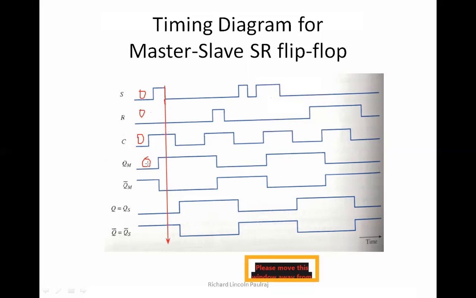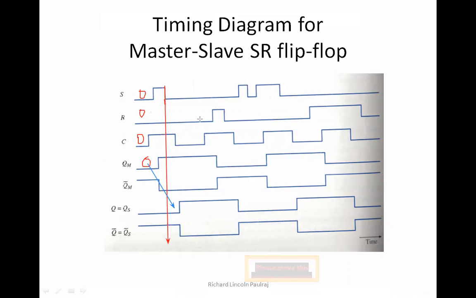This 0 that you see will actually come here in the next clock cycle. So this is happening in the previous clock cycle. These values are passed in the next clock cycle. Are you all able to understand, students? Why that delay, sir?